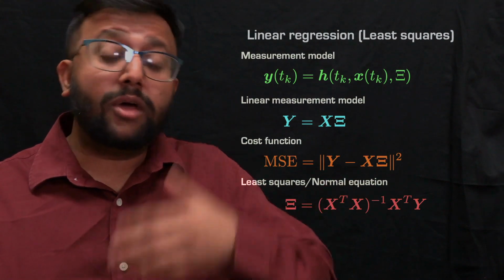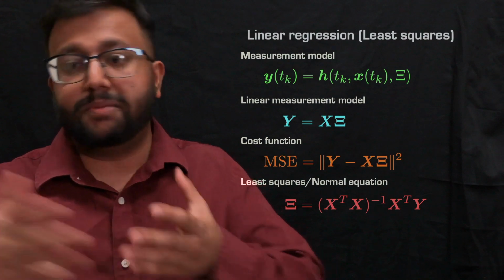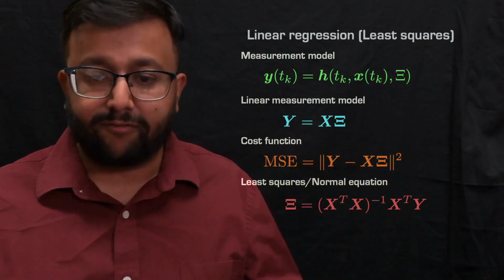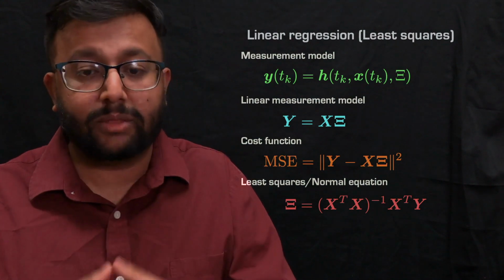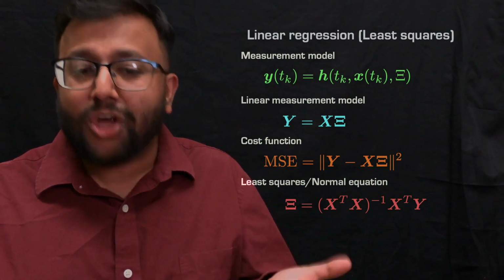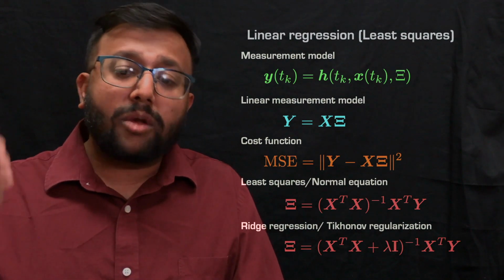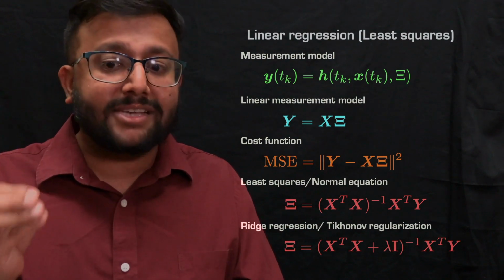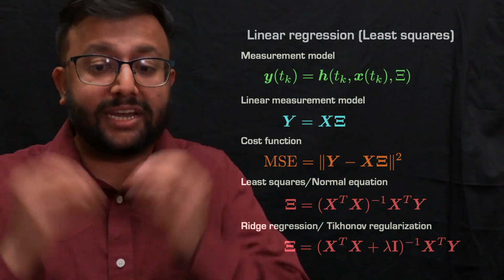So now if the independent variables, which are X here, so this could be your snapshots of the flow, your different flow variables, are highly correlated with one another, which is often the case in high-dimensional fluid flow data, then what we can do is regularize the problem by adding some positive elements to the diagonals.